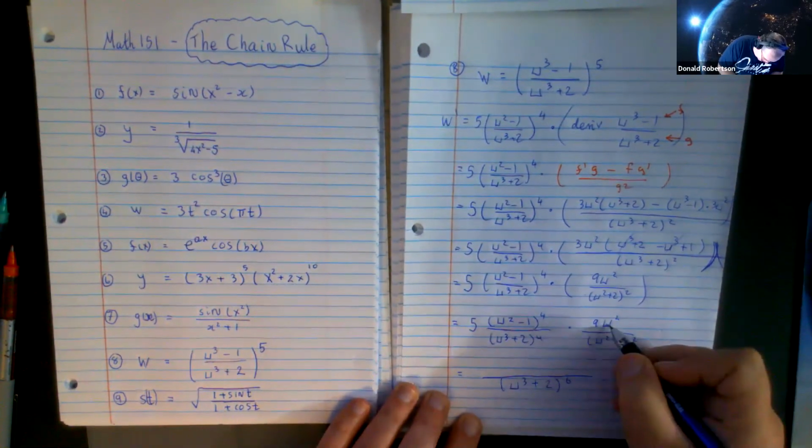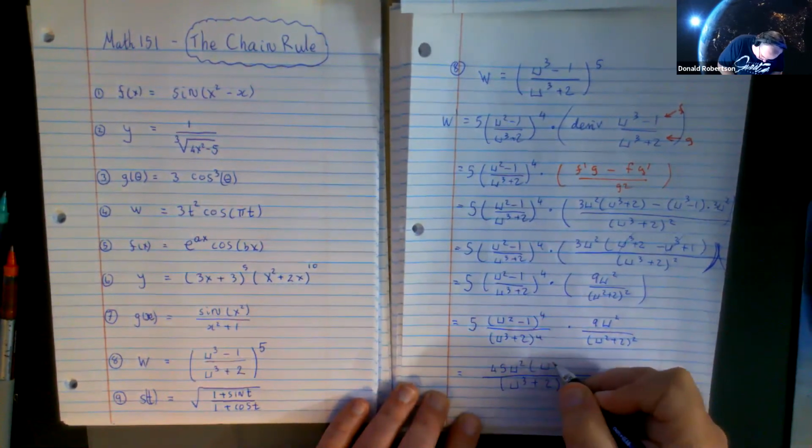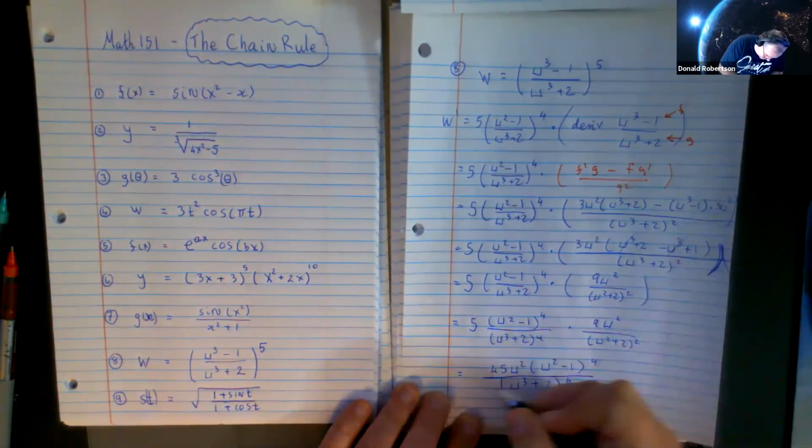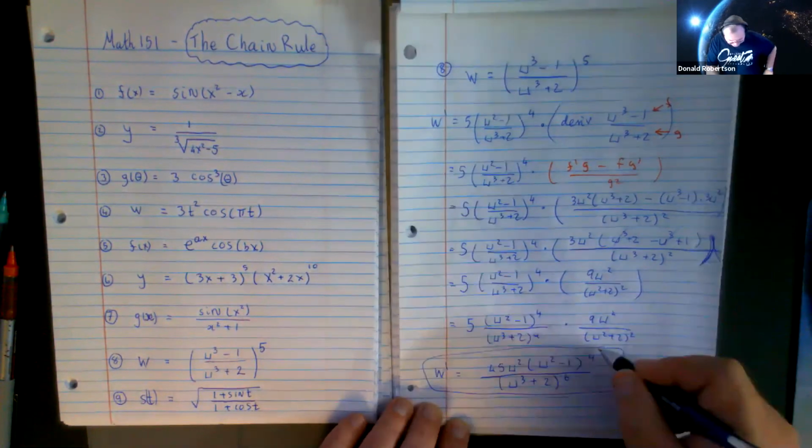This guy and this guy get me 45 u squared, minus 1, the 4. We are finished.